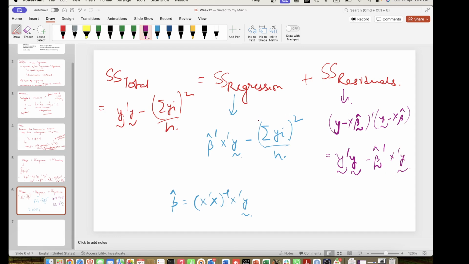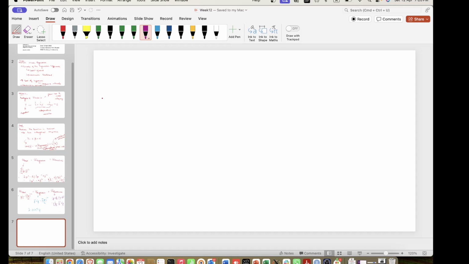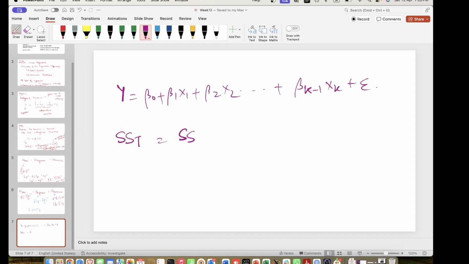Okay, now whenever I am doing a regression, multiple regression problem, if I have something like this, y equal to beta naught plus beta 1 x1 plus beta 2 x2 plus beta k minus 1 x k minus 1 plus epsilon, and I have something like this, SS total equal to SS regression plus SS residuals, then we'll have to remember the SST, the corresponding DF is always n minus 1.